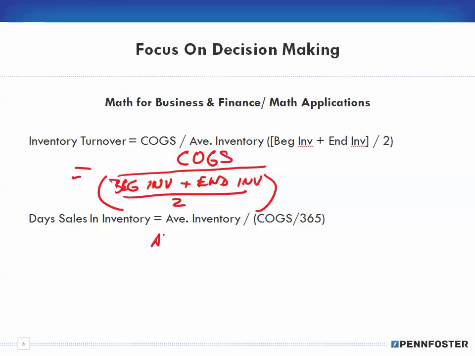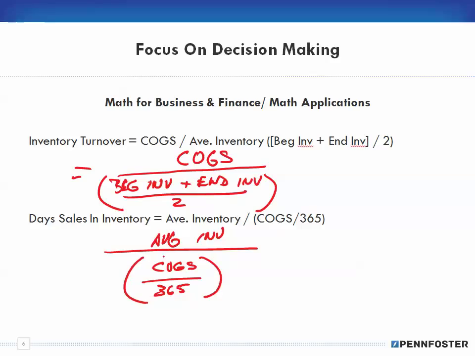So I'm going to have my average inventory divided by my cost of goods sold, which is being divided by 365. So if I'm rewriting this formula, that's how I'm writing it. Average inventory is in the numerator, and we know what the average inventory is because we learned how to calculate it right there.